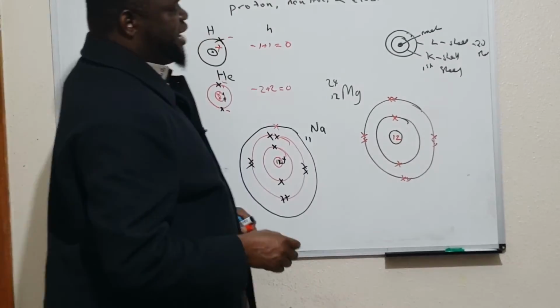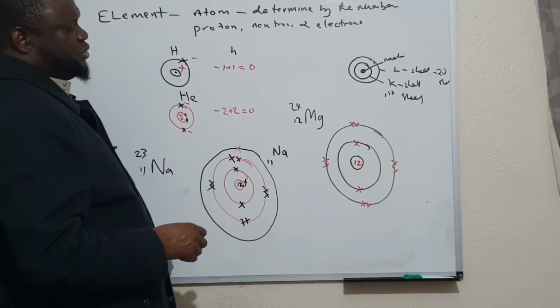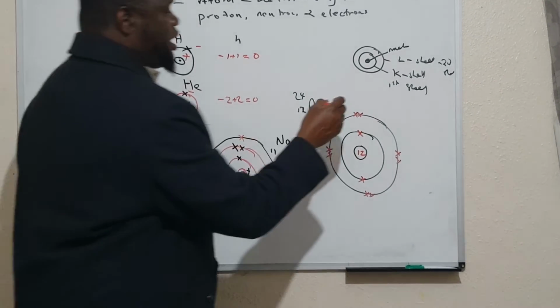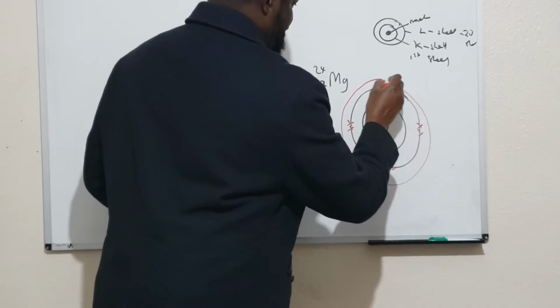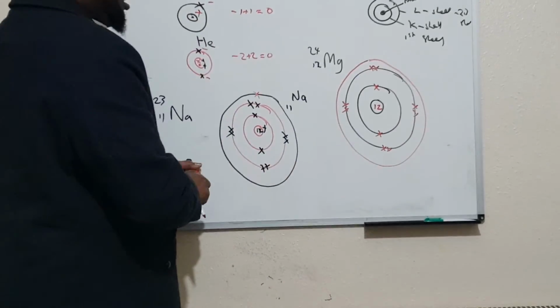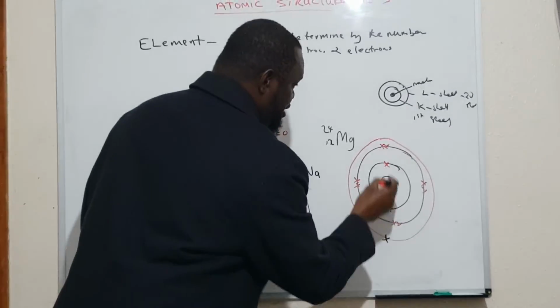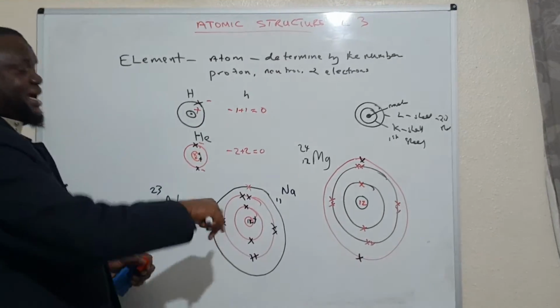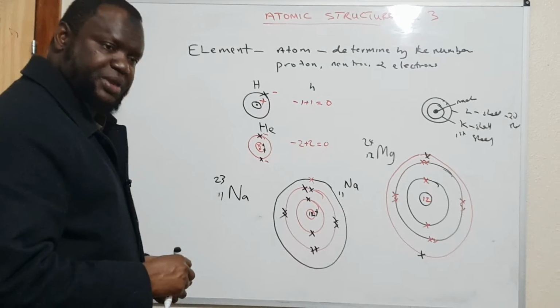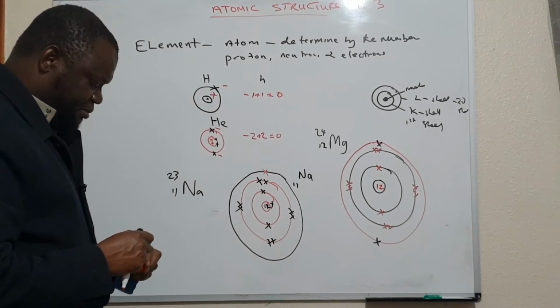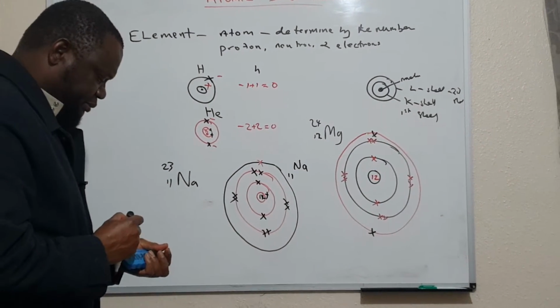Now, how many electrons? There's only 10. That means we have another 2 in another cell. Yes. That will be the outermost cell. So basically, when we go to groups, we know that the element in the next one will have another shell. You understand? Yeah. The element will have another shell.